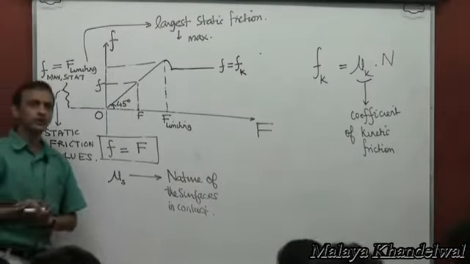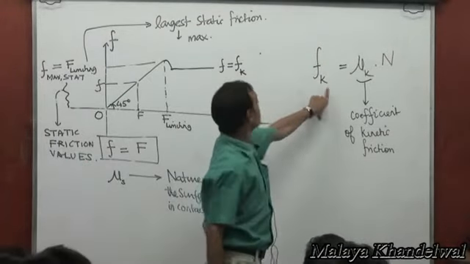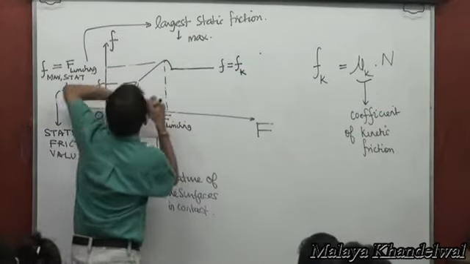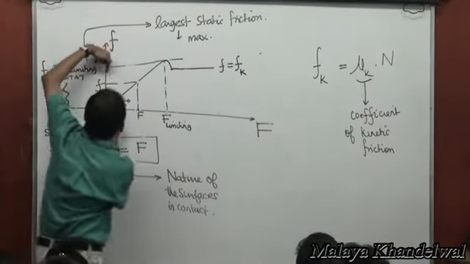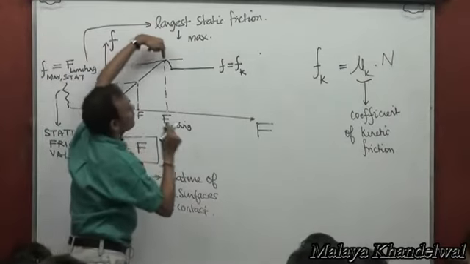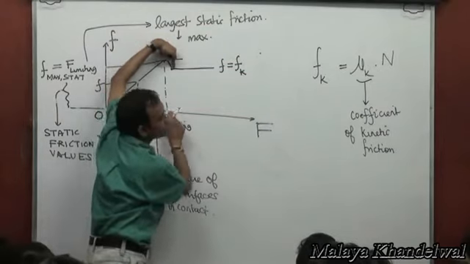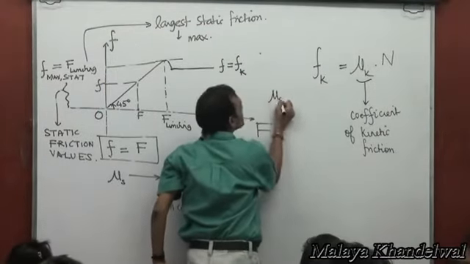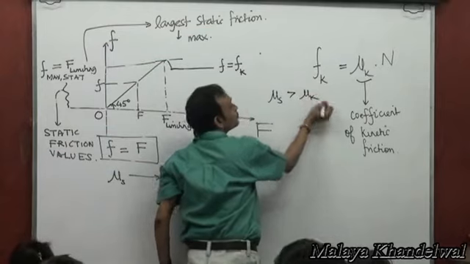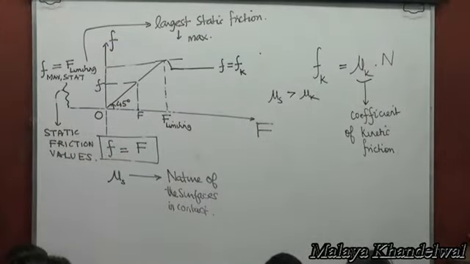And as you would also expect logically, since kinetic friction is less than maximum static friction, these are all static friction values, but this is maximum static friction. Since maximum static friction is larger than kinetic friction, you would expect mu s to be larger than mu k.